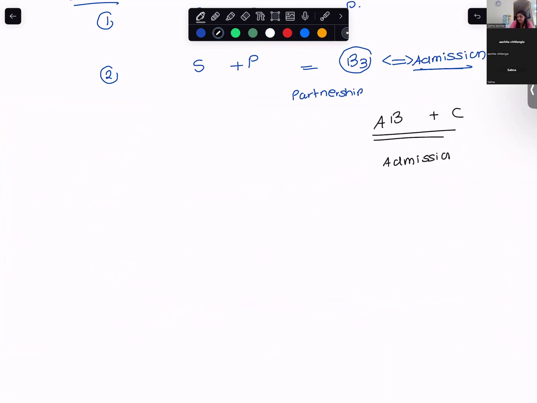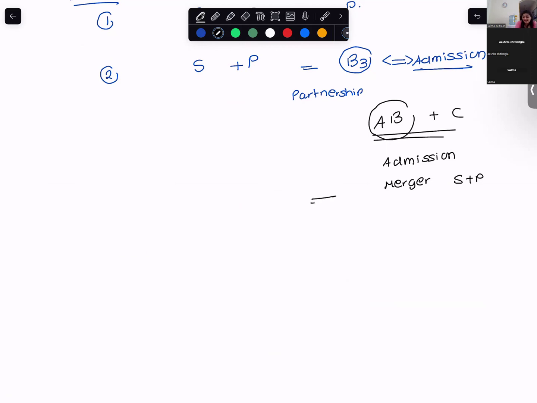I could say this is a sum of merger of sole trader with partnership. Now A and B were already running a successful business. They were already running a successful business.